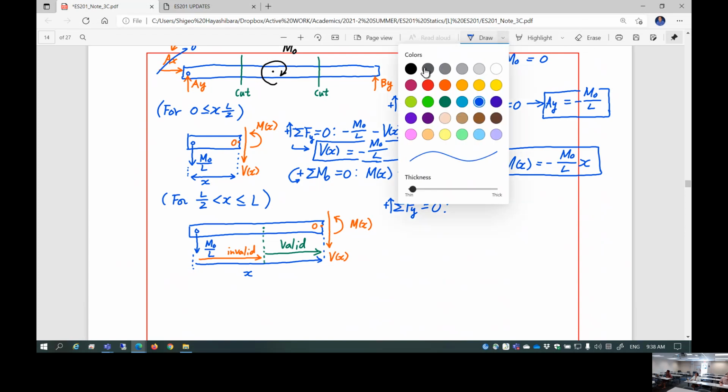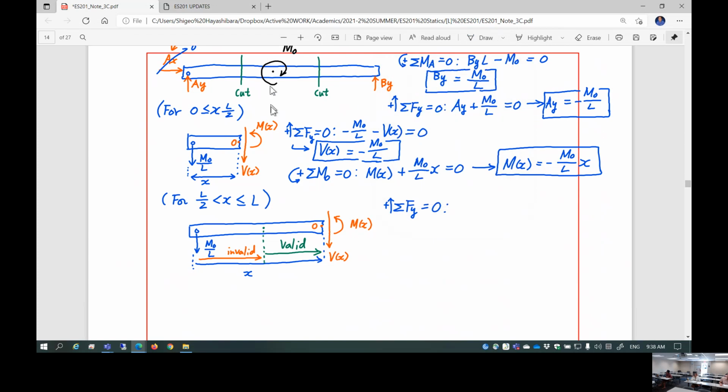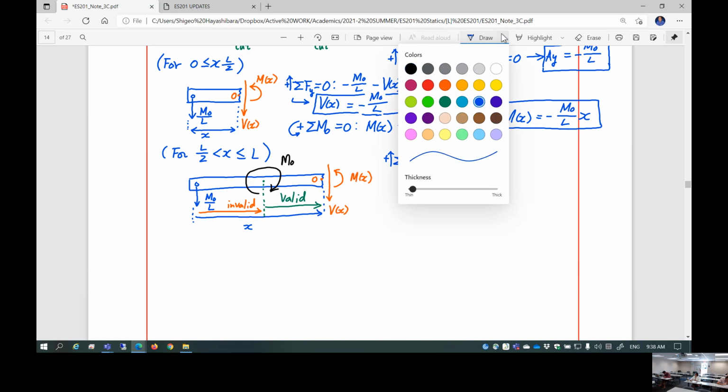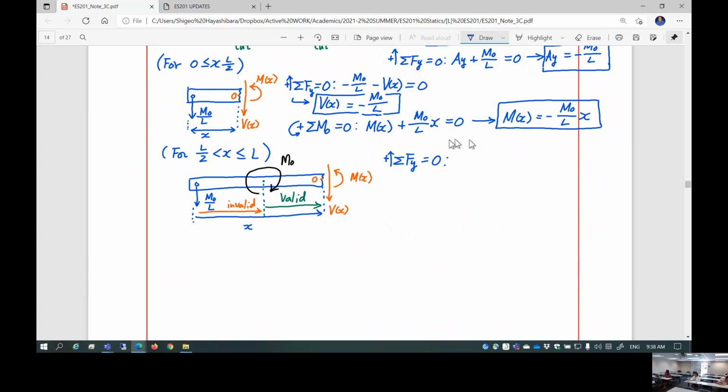Yes, great point. The moment actually appears right here. External moment M0, don't forget. That's right. It's a wonderful question, actually.